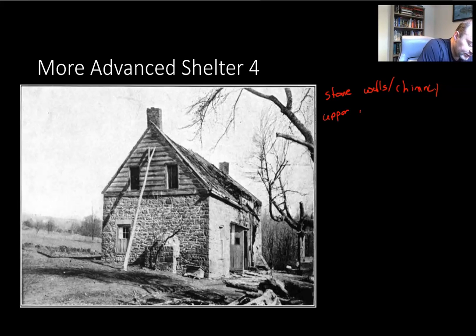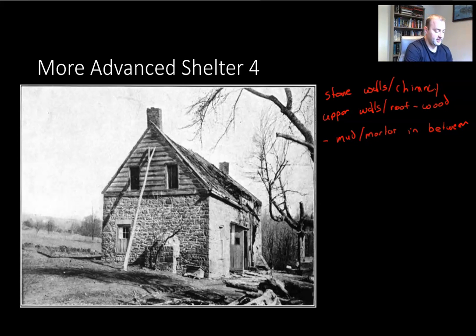So upper walls and roof are wood. So that's worth noting. We do definitely have some kind of mud or mortar in between stones. So again, to seal the walls off, make sure nothing can get in.